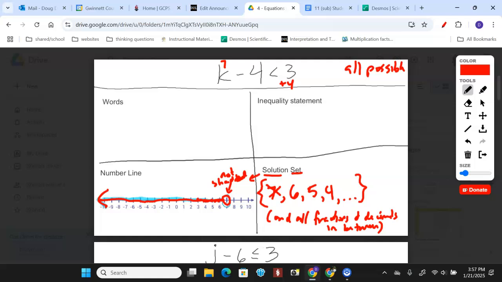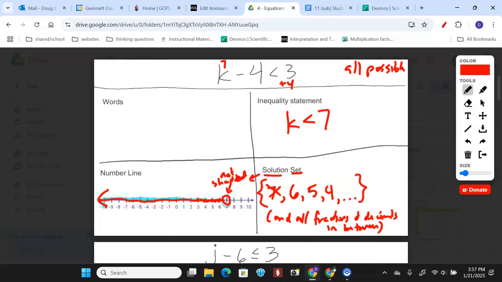The way we show that with a simple inequality statement is this. We just say k is less than 7. I'm not going to put the little equal sign there because it can't be 7. So this literally just says that for this to be true, k can be any number less than 7. We call that an inequality statement.